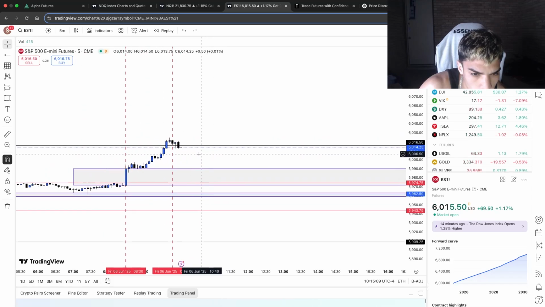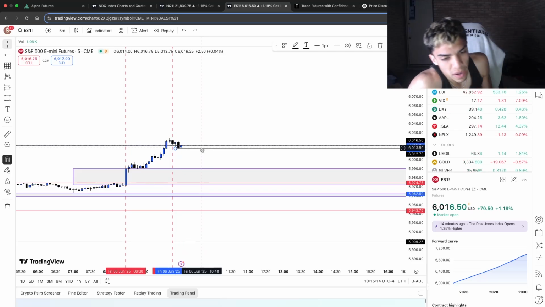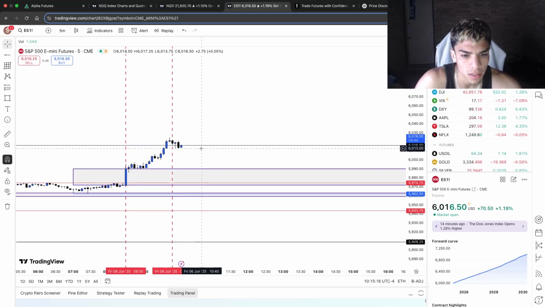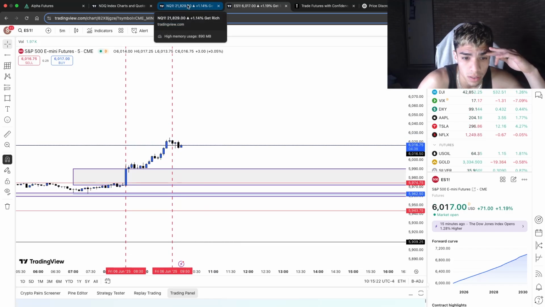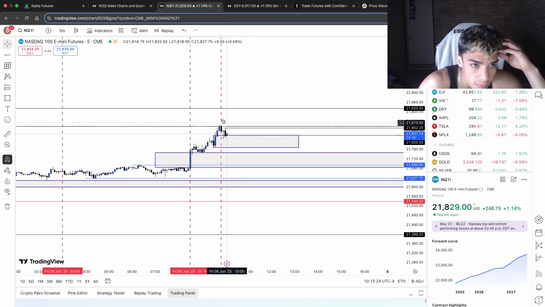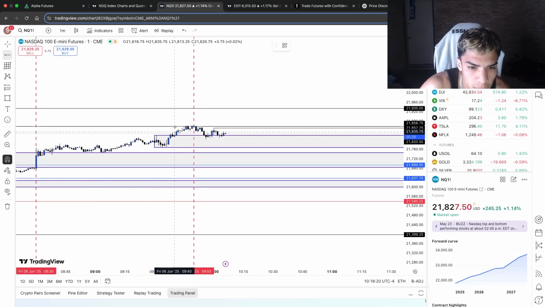Wait, what the hell? Nah. I was about to say, did it break structure to the downside? Yeah, but it didn't. This is the most recent low. I was about to say the trend shifted to the downside, but never mind, it didn't. If I'm being honest, it did break structure here, literally right here. You get me?